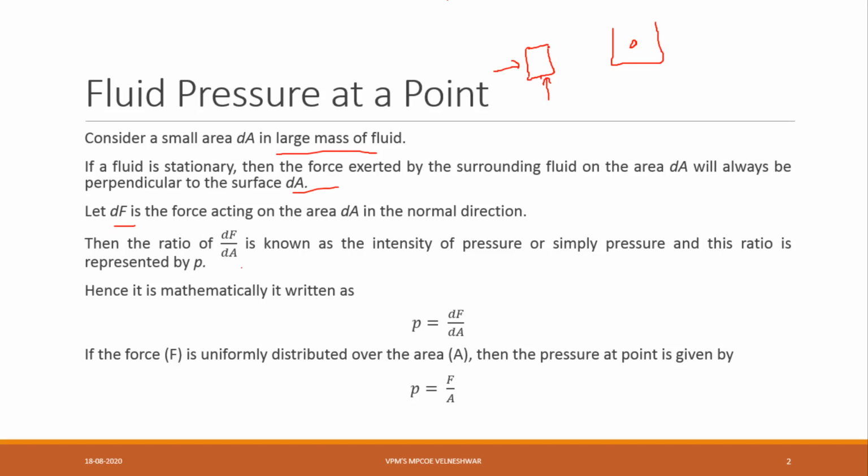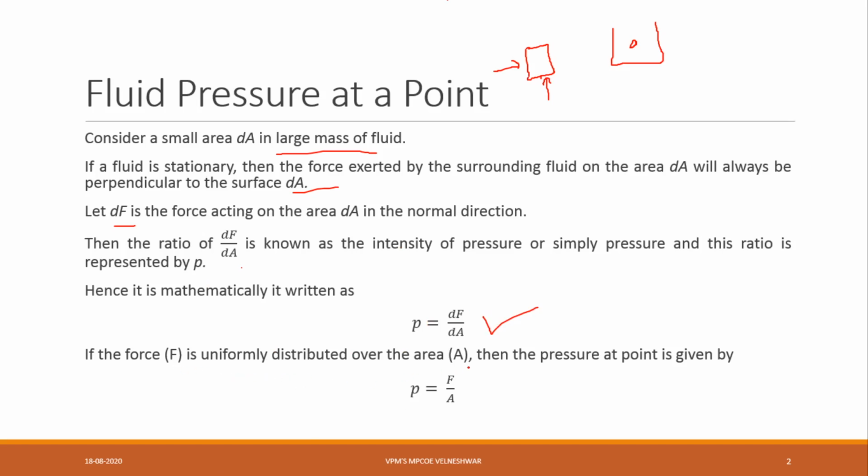If I know the area, then we can find how much pressure we can apply. That ratio of dF by dA, that is force upon area, is known as intensity of pressure, or simply pressure, and it is denoted by P. That is, P is equal to dF by dA.